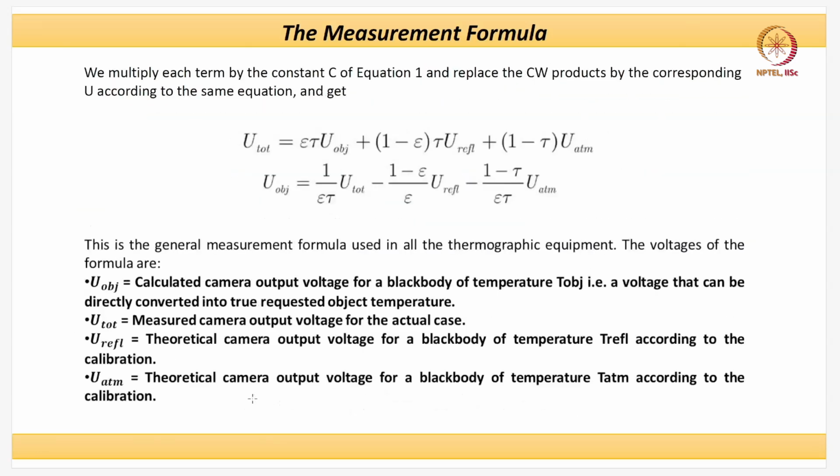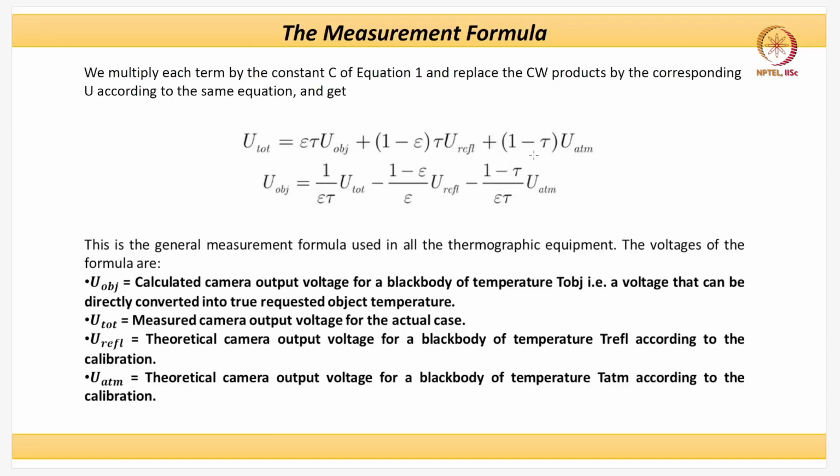So we can multiply each term by the constant C of the equation and replace the products C times W by the corresponding U. C multiplied by W gives rise to a camera response, or a signal. The first term is epsilon tau U object. The second term is 1 minus epsilon, tau, U reflection.